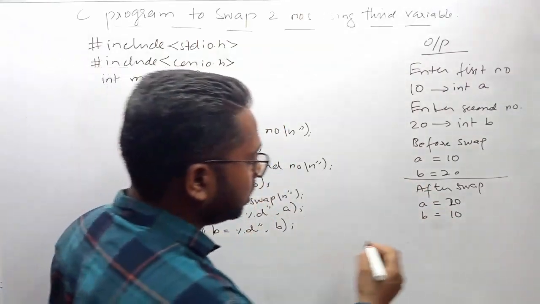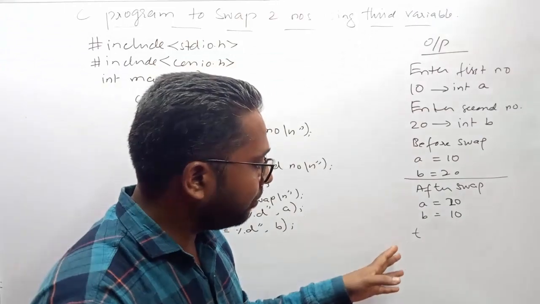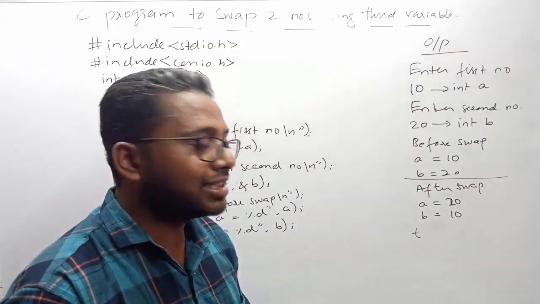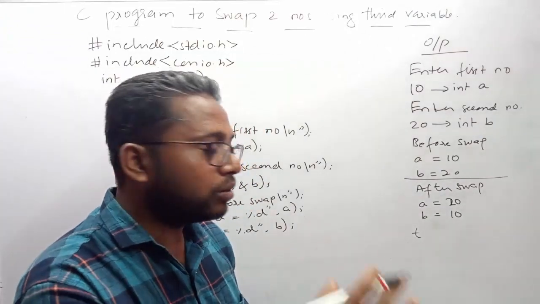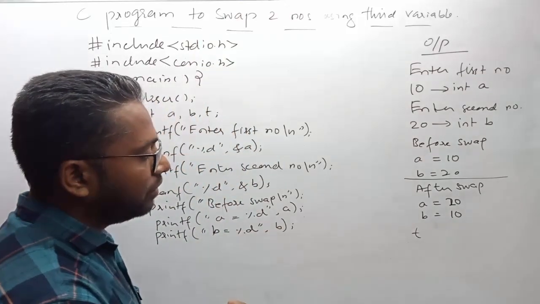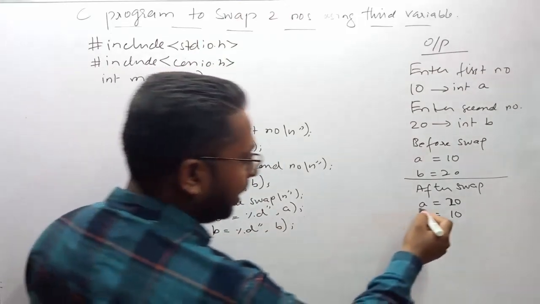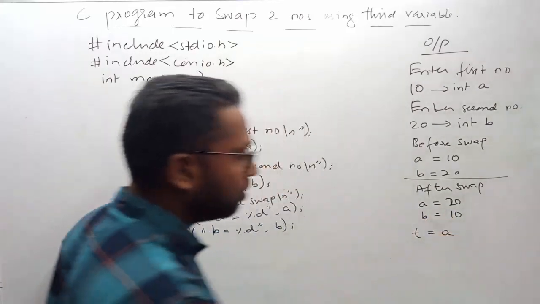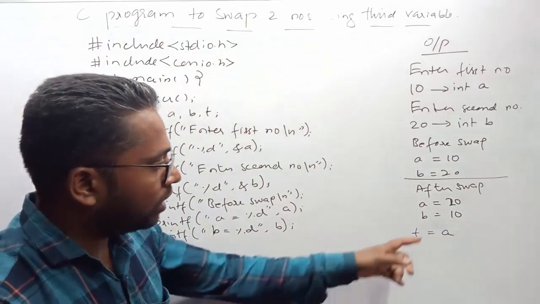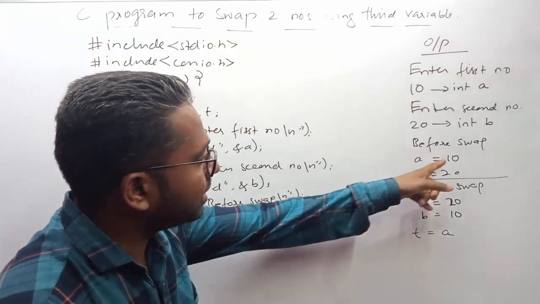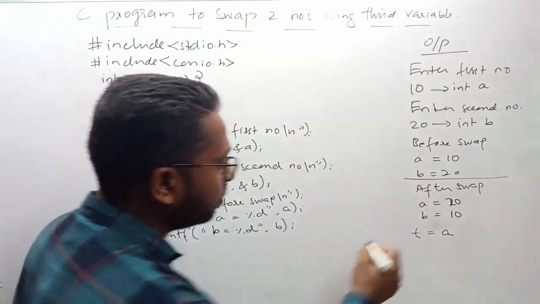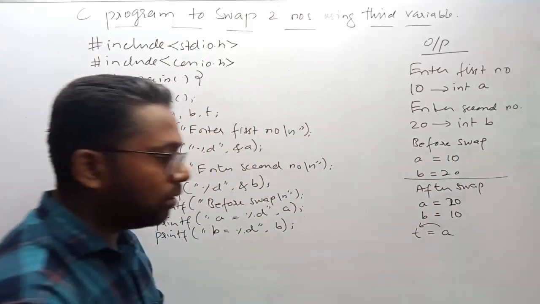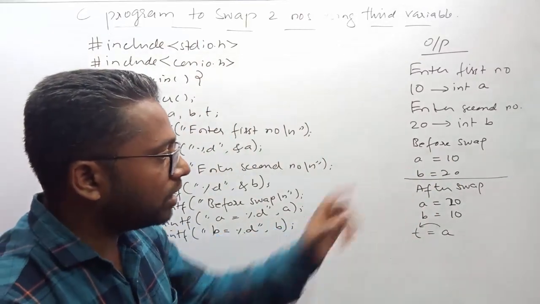Let me show you here. I have a temporary variable T which I will use to interchange the values from A to B and B to A. First I will pass the value of A to T. T equals A. That means whatever was the value of A, which is 10, now I have passed that value to T. Now the T variable holds the value of 10.